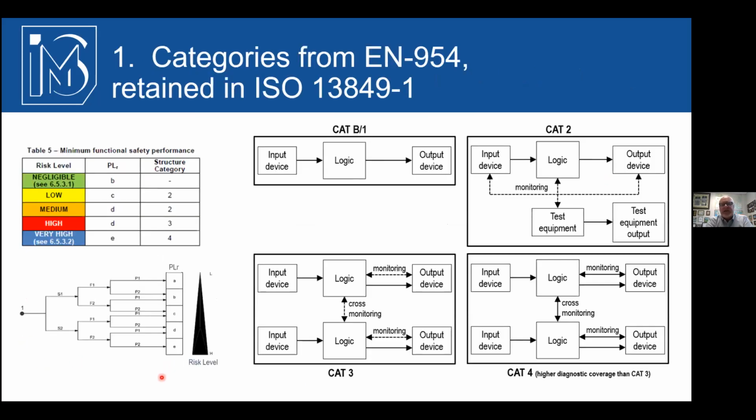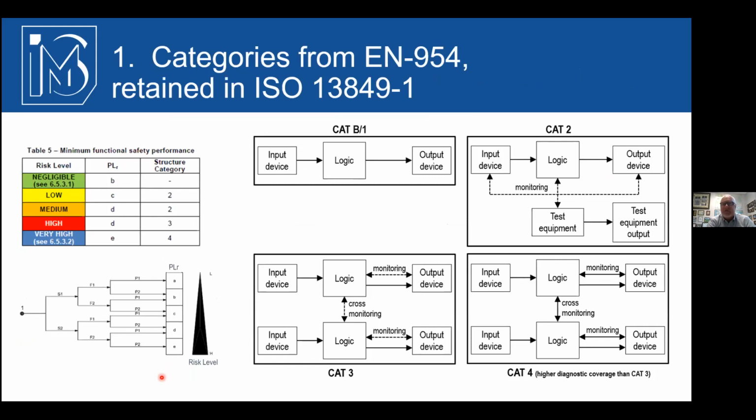When I look at the structure, we pulled structure from a previous standard, EN 954. That was a European norm that goes way back, and that was withdrawn in 2008 when 13849 was put into place. But it retained these aspects of categories, so you'll still see, say, PLD category 3.